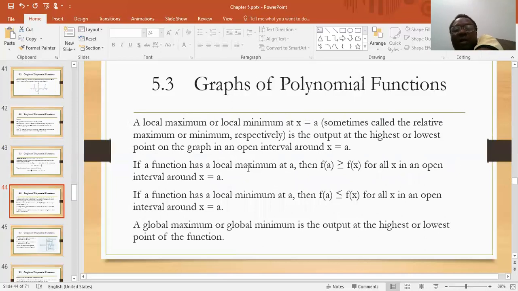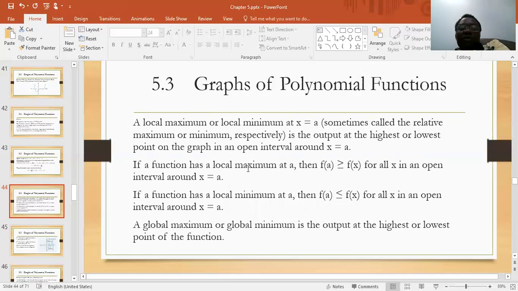Local minimum and local maximum. A local maximum or minimum at a value x equals a is the output of the highest or lowest point on the graph in an open interval around a.